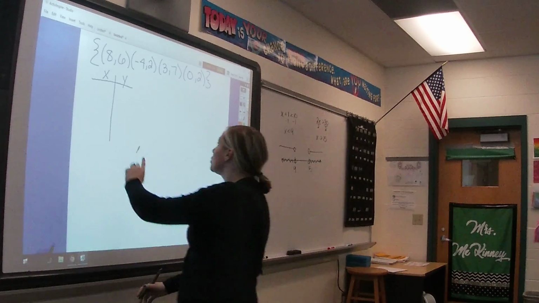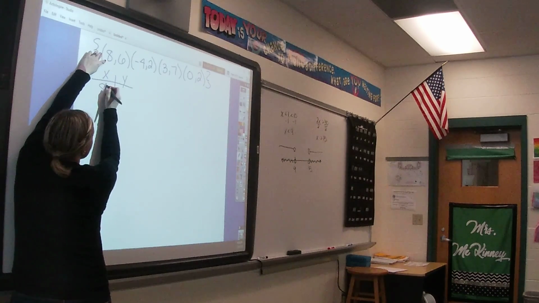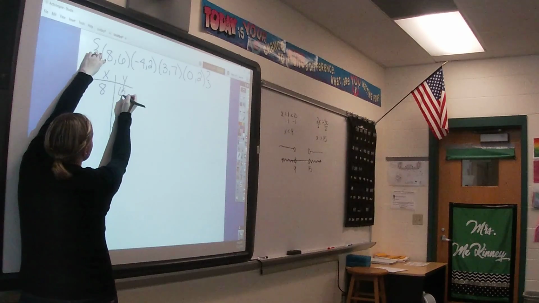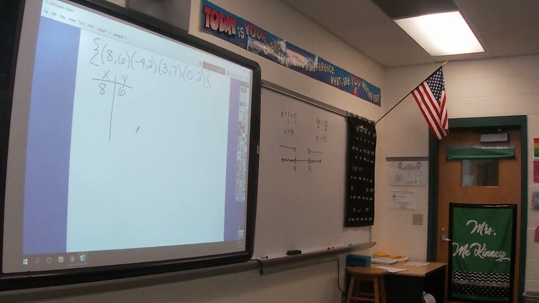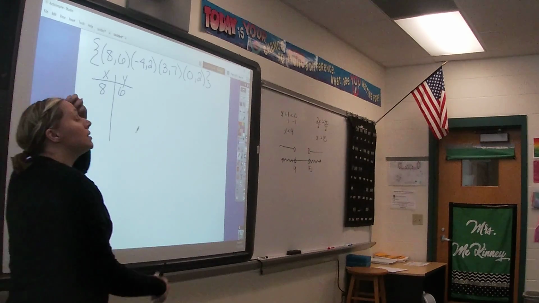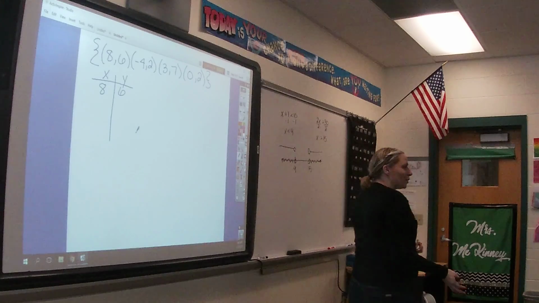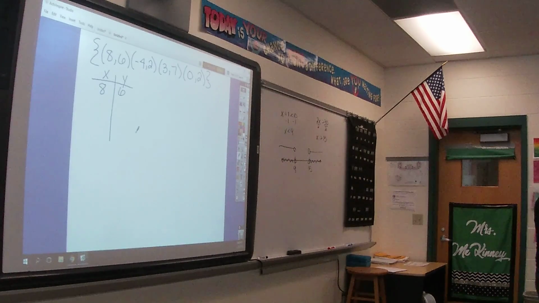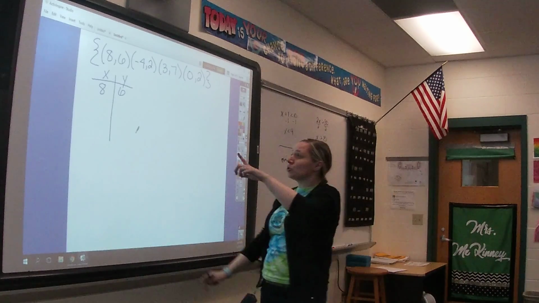So my first ordered pair has 8 as an X value and 6 as a Y value. Sometimes we will see tables in numerical order for the X values, but it is not a hard rule. It happens a lot when we do some other things, so don't try and force it unless you have to. It's totally fine that we just go straight across here.